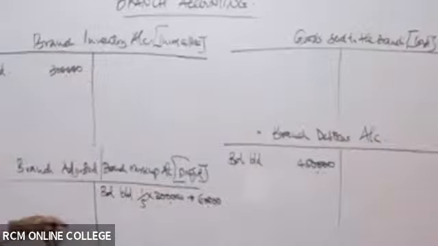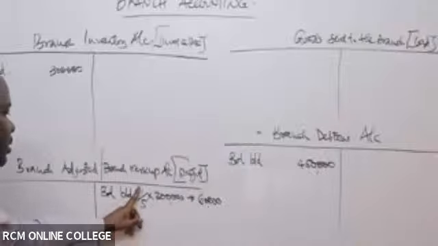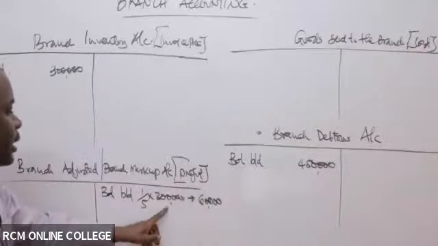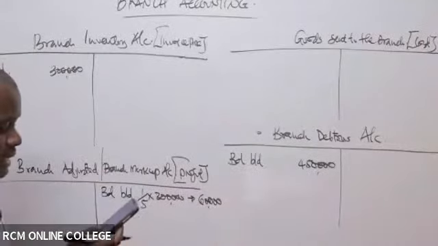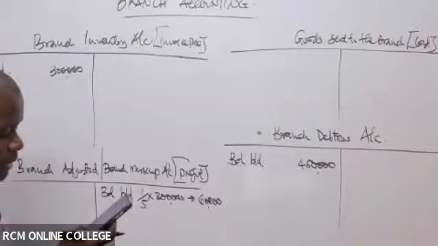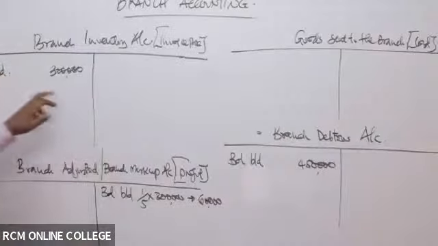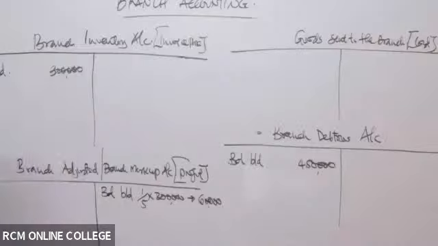We created the profit element in the adjusted markup account by taking a fifth, or you can take 25% over 125, and multiplying by the 300,000, you get 60,000. That's how you adjust the profit element on the balance brought down on this inventory.